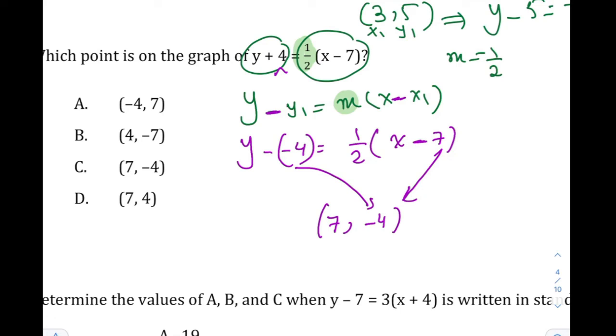So what do you do? Go to the x minus 7 and reverse it, it becomes 7. Go to the one beside the y, positive 4, reverse it, it becomes minus 4. Reverse them, so this is 7 and minus 4, and this is our solution. If you want to check, this is the checking you can do.